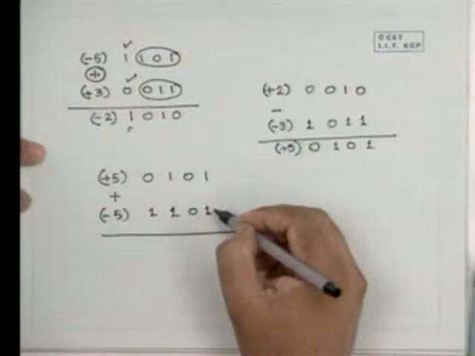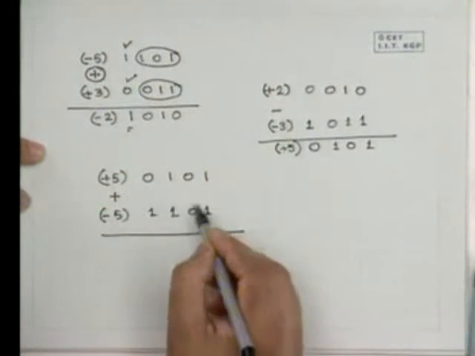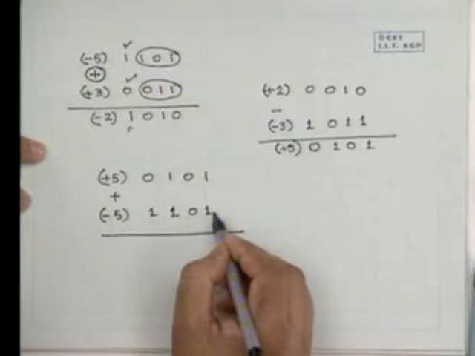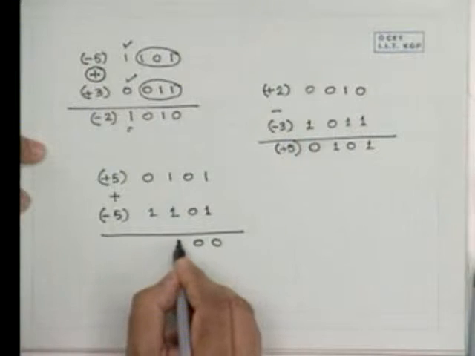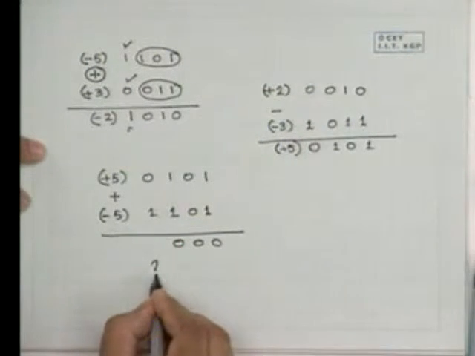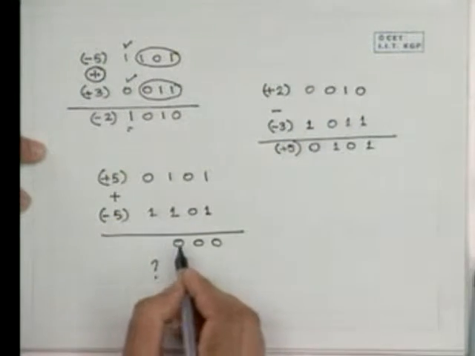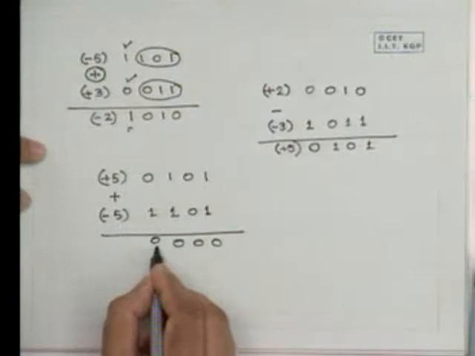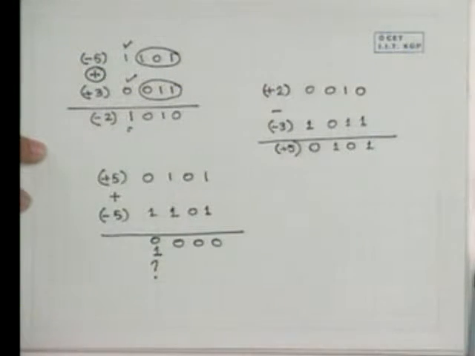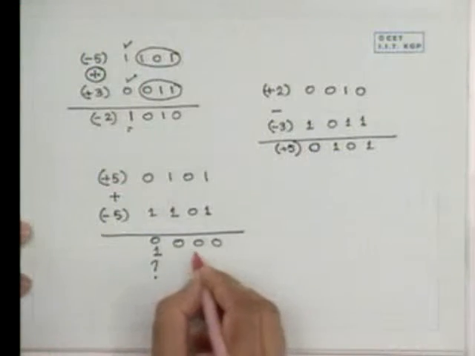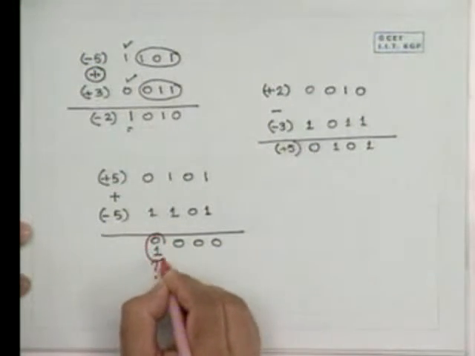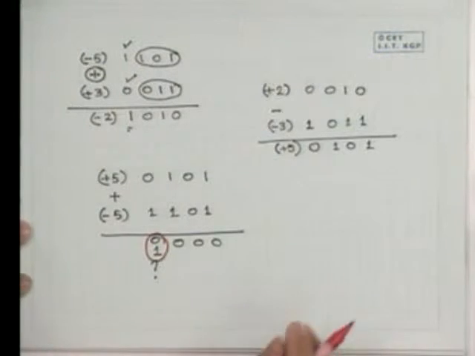We'll have to subtract the magnitude of operand 2 from operand 1, and the result is 0. The result is 0, okay, but what 0? Is it a positive 0 or a negative 0? So you see that sign magnitude has this problem: there is not a unique 0, there can be a positive 0 and a negative 0.